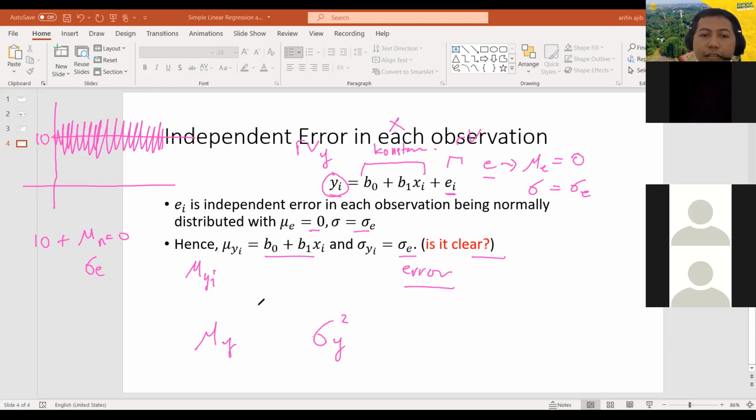Nah, rata-rata dari Y atau mean Y itu komponen ini, dan standar deviasinya adalah standar deviasi dari error ini. Okay, it can be an analogy, can be accepted. Is it logical or is it hard?